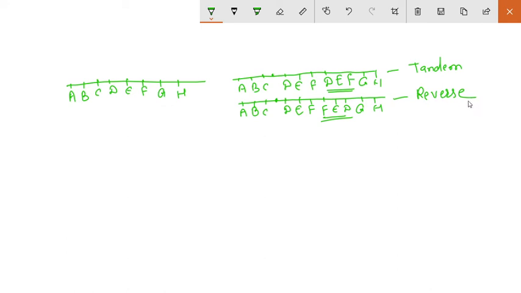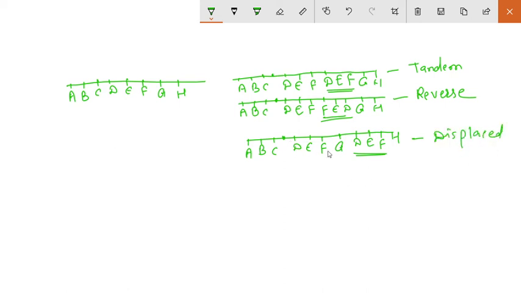Or the displaced means when A, B, C, then D, E, F, G, and again D, E, F, and then H. Okay, so this it is away, so that is known as the displaced.